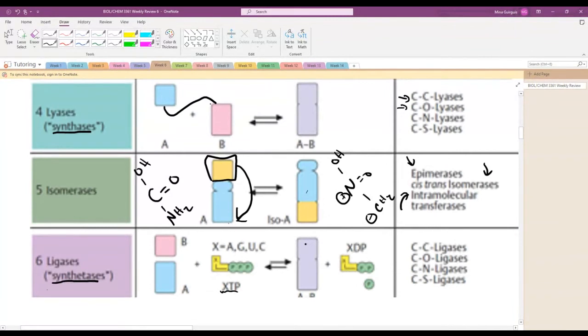So it brings together A and B, just like a liase would, except it uses the energy of ATP hydrolysis, or GTP, or UTP, or CTP hydrolysis, in order to power the formation of that bond. Exactly like liases, they tend to be element specific. So carbon-carbon ligase, carbon-oxygen ligase, and so on.